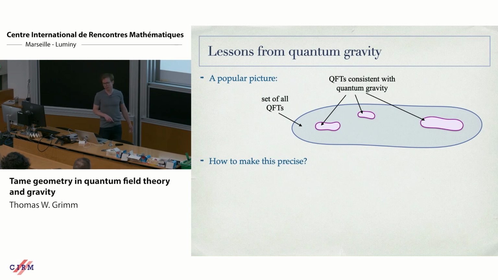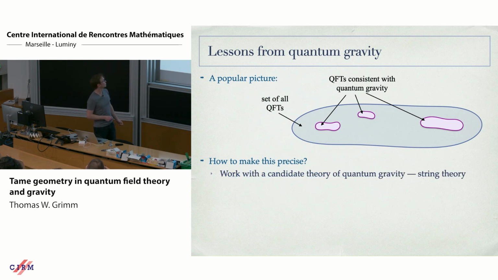How to make this precise? You can imagine that this is horribly complicated to make precise, because what is a theory of quantum gravity? Even to find that out is a very, very tough and hard goal. Well, we could work with a candidate theory for quantum gravity, which is string theory, as an example.